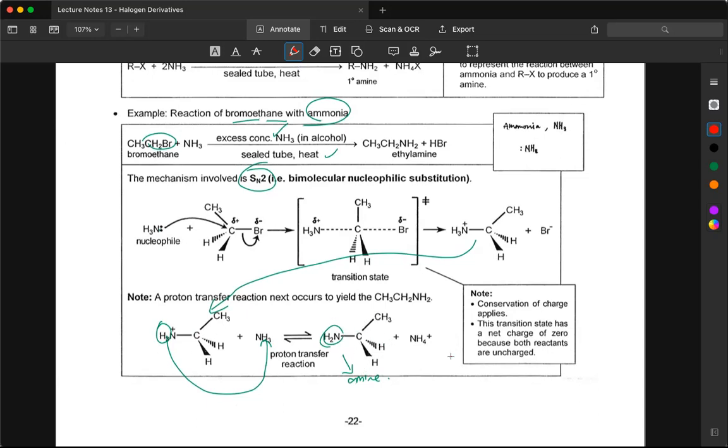Take note that for the transition state here, there's conservation of charge. The transition state has a net charge of 0 because both reactants are uncharged.